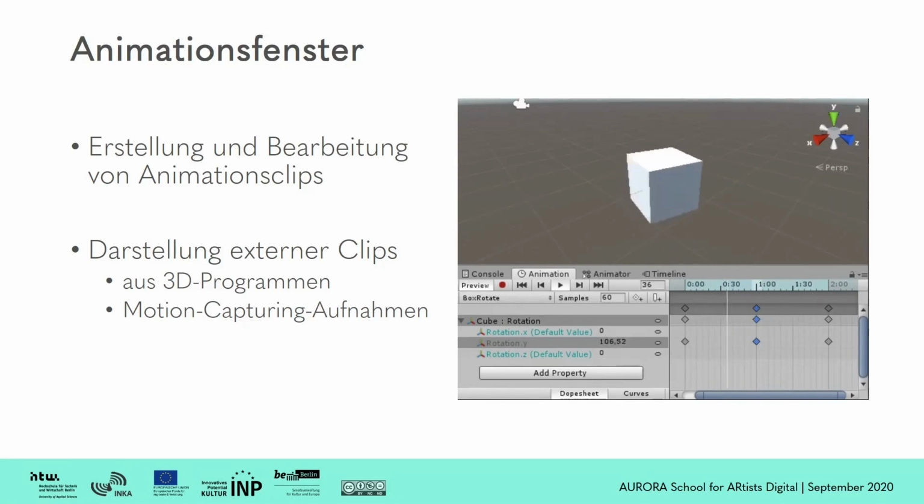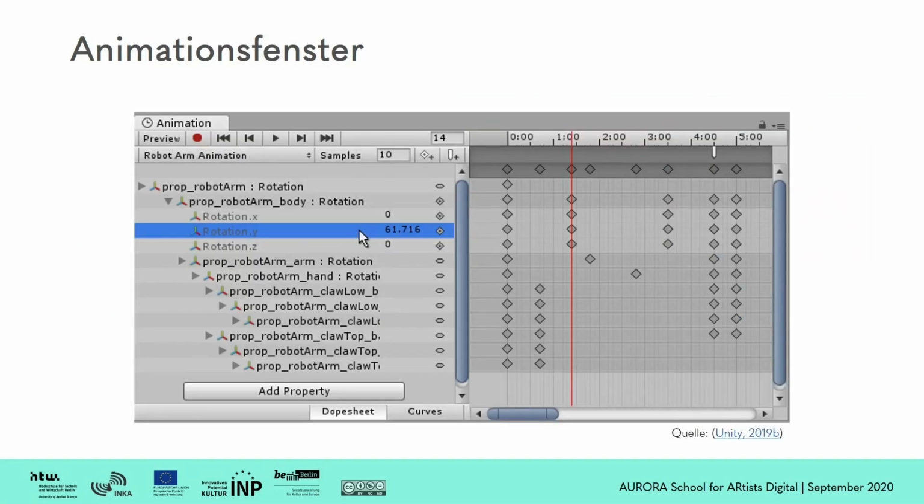With the animation window, as said, you can not only animate single game objects, but whole object hierarchies. We see this on the left side. There, an industrial robot arm is animated, consisting of many individual parts. For example, the main body, the main arm, the hand, and the individual robot fingers. On the right side, we see the keyframes in the form of diamonds.